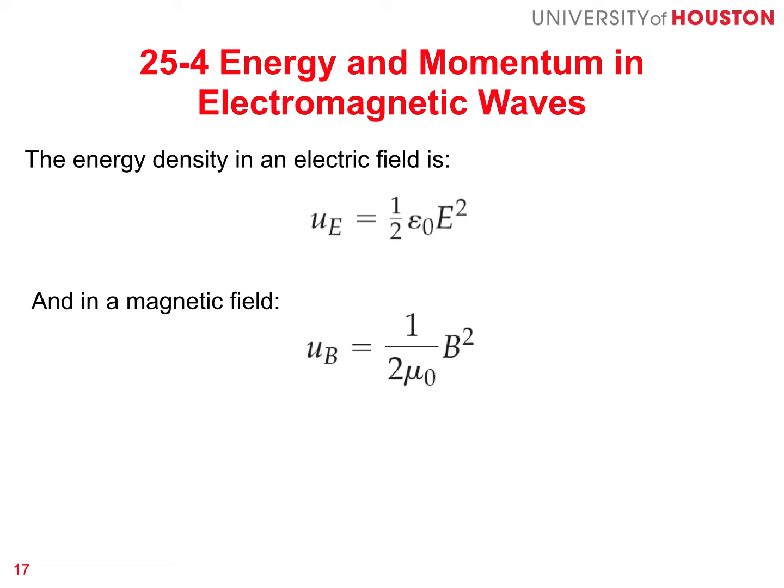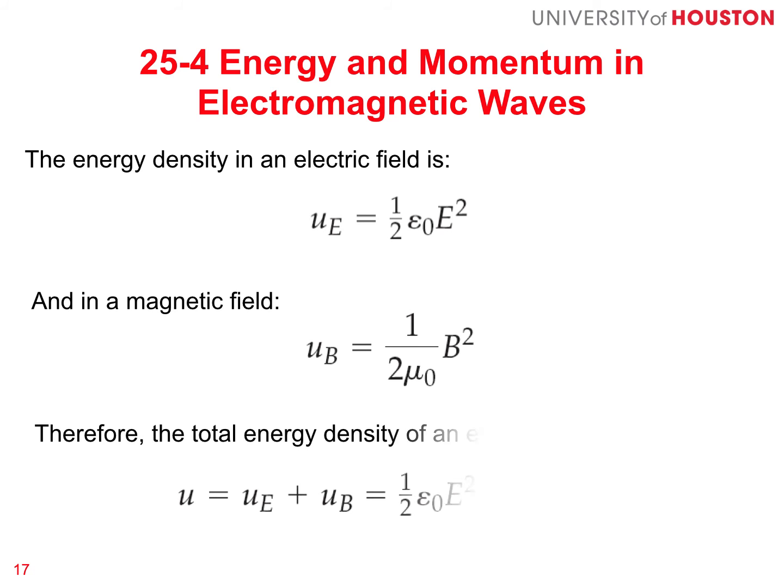Therefore, the total energy density in an electromagnetic wave will come from the electric field and the magnetic field, and this will equal half epsilon zero E squared plus 1 over 2 mu zero B squared.